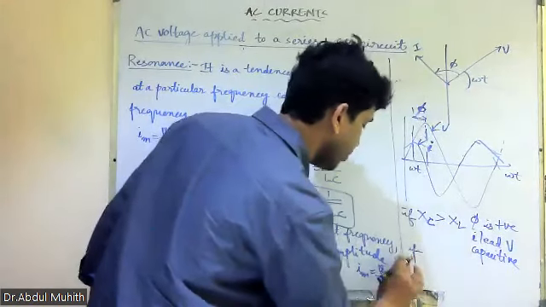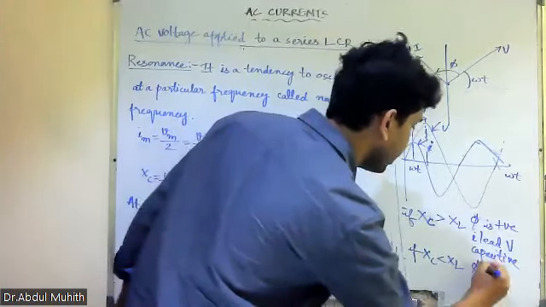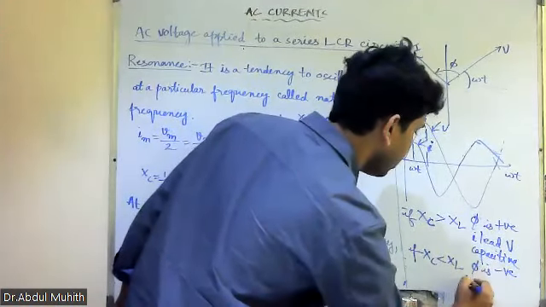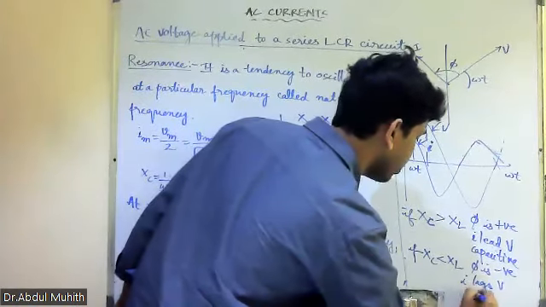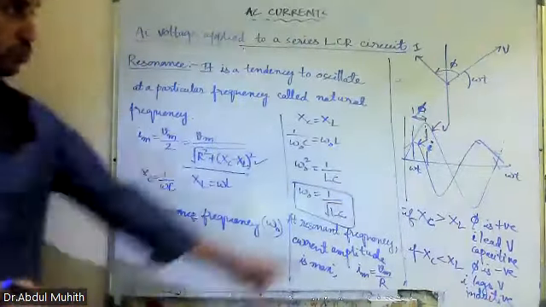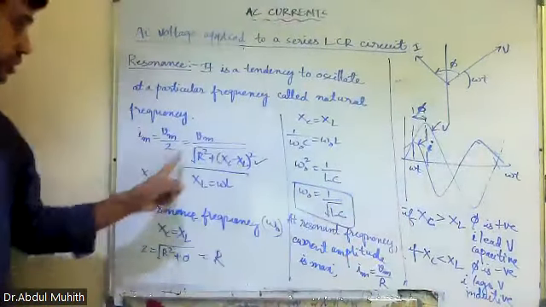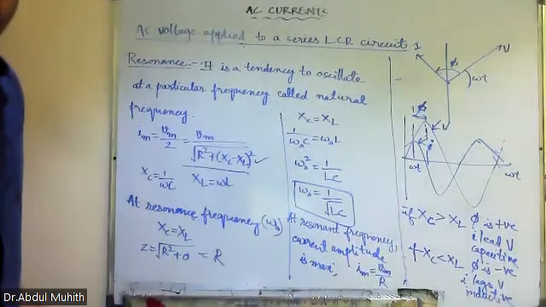Similarly, if XC is less than XL, phi is negative and current lags voltage, and the circuit is known as an inductive circuit. Remember this; they are asking these questions. All of these are 1 marker questions.